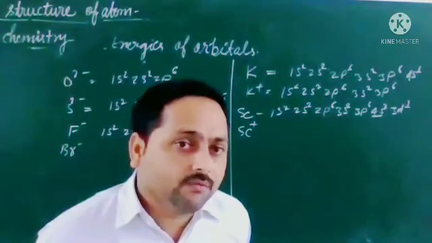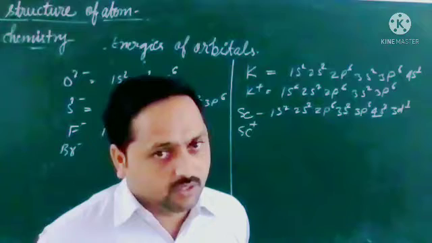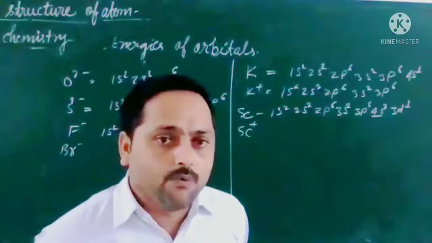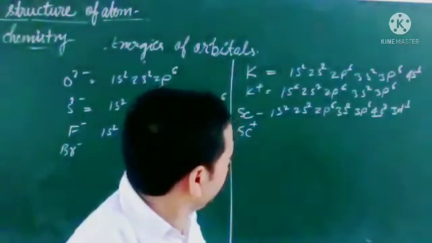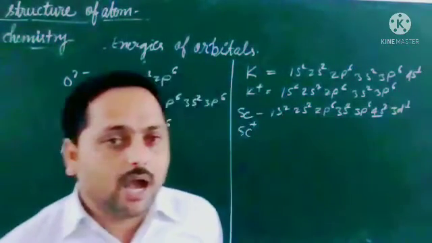The shell which has the highest value of n is the outermost shell, and electrons are always removed from the outermost shell. Got it? You can note this down.